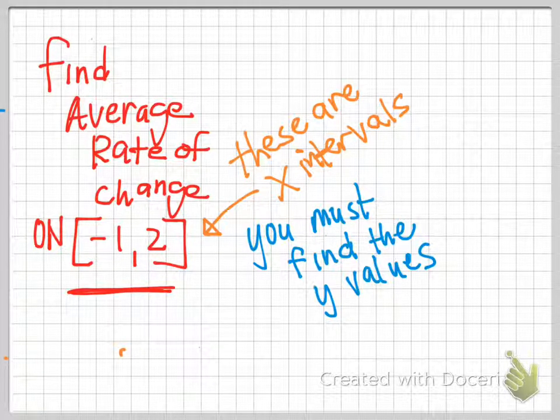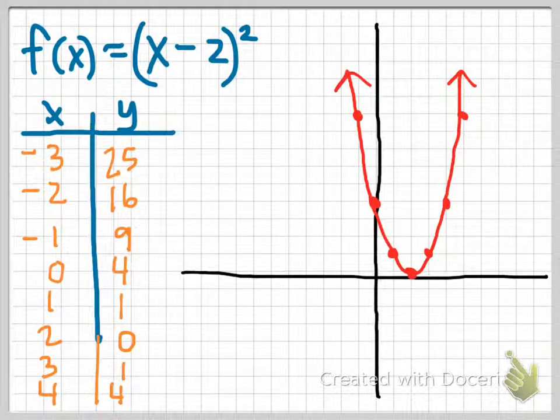So the problem always gives you x values. You have to find the y values. So in my problem, I gave you the chart, and I also gave you the graph, and I also gave you the equation. All right, so let's do it.